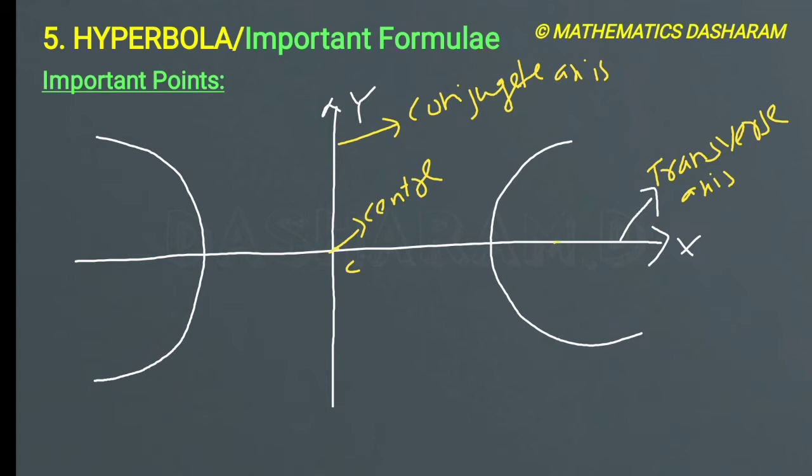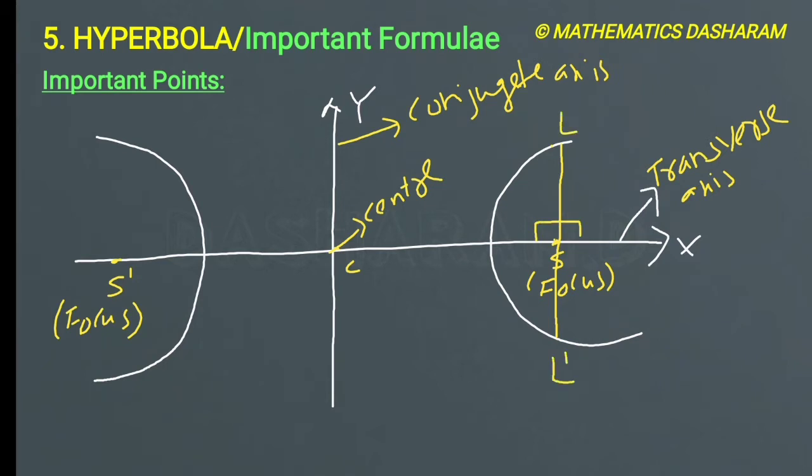Here we can take one fixed point, that is the focus. Here also we can take one fixed point, here it is S dash. Through this focus we can draw one line segment perpendicular to the transverse axis. It is called L dash, the latus rectum.